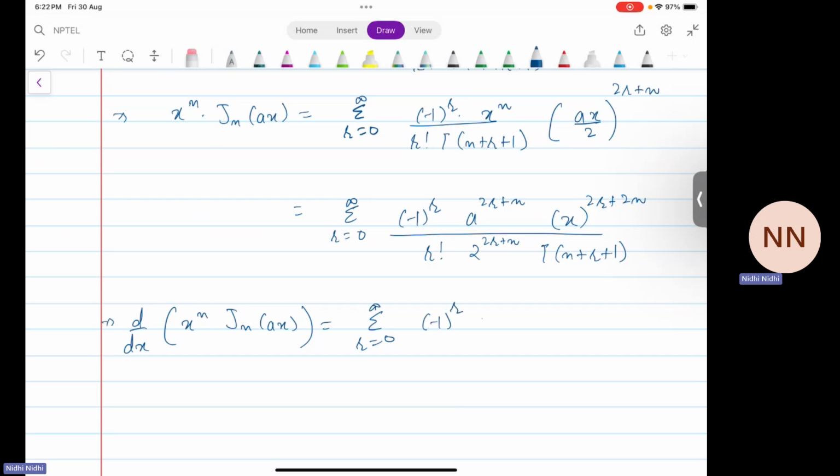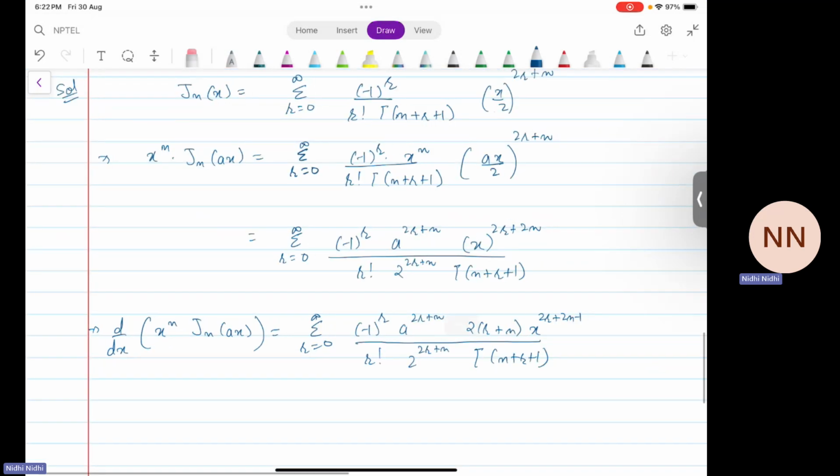Constant terms will remain as they are. Then we'll have 2 times (r plus n), x to the power 2r plus 2n minus 1 by r factorial 2 to the power 2r plus n gamma n plus r plus 1.